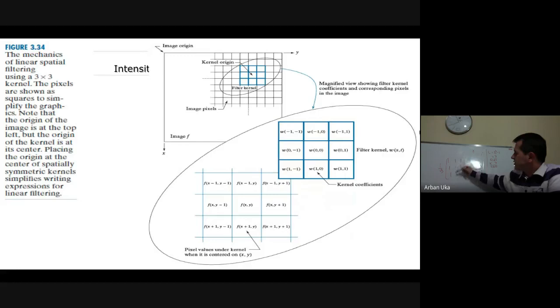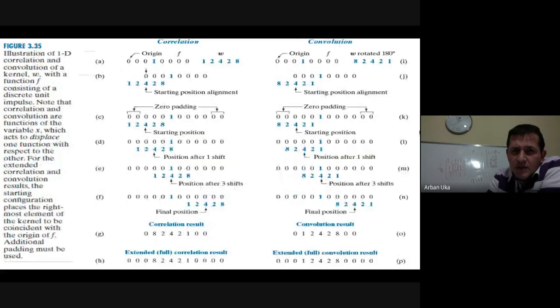So this is the kernel, right? If we have a gradient of pixel values around, what happens is that we calculate the average of 9 pixels and we write it down at the center one. So this is the averaging filter. Now we also have two completely different approaches, which are correlation and convolution.